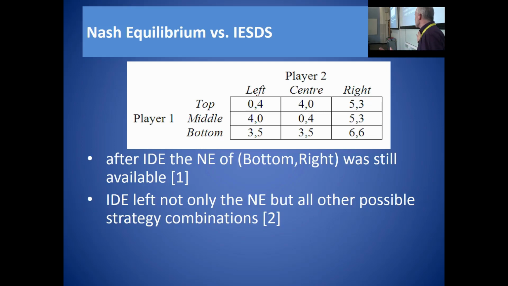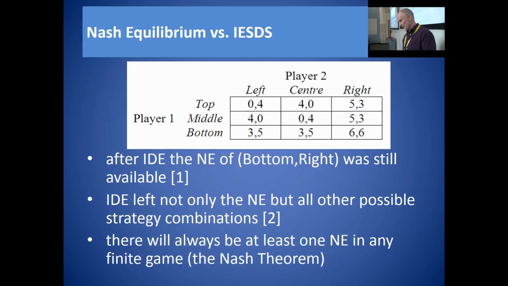But in this game, there was a Nash equilibrium. Is that purely coincidental? Or is it something that we'd expect to find? Well, we would expect to find it, because in every finite game, and this is a finite game, and by a finite game, I mean that there are a definite number of players choosing over a definite number of strategies, there will always be at least one Nash equilibrium.